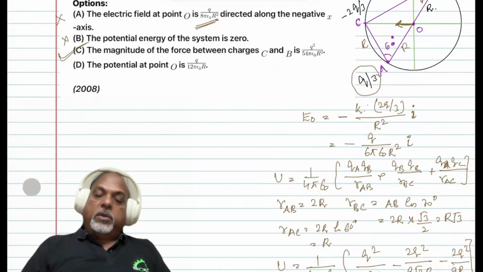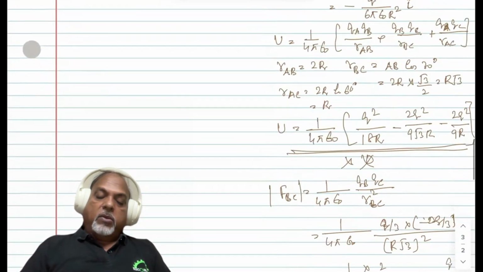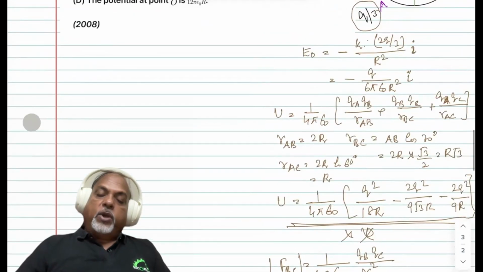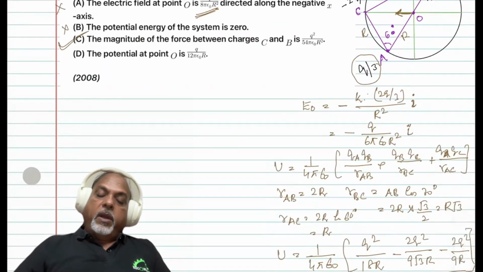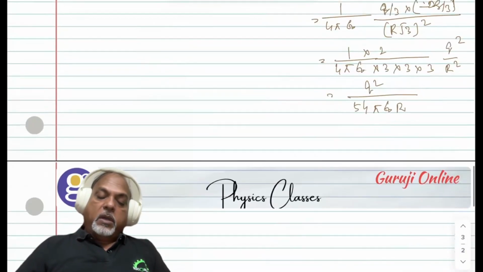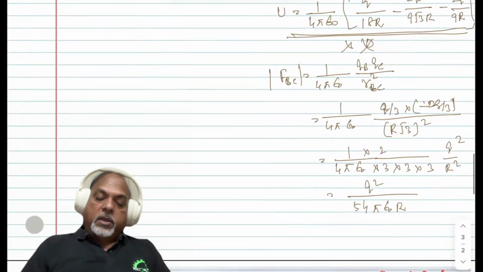Potential at O, let us find out. What is the potential at O?